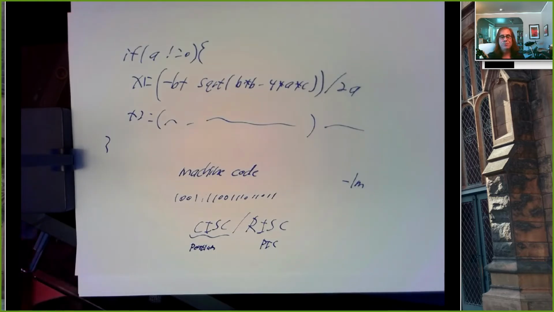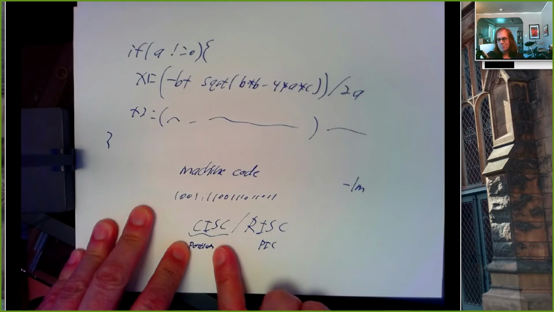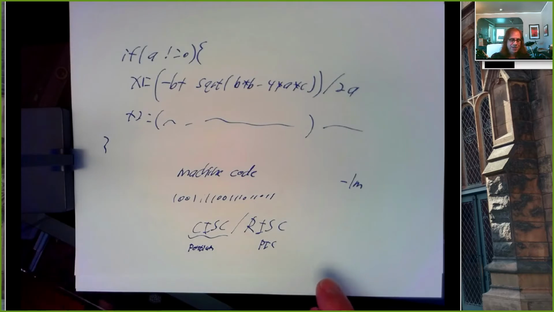Most CPUs on the planet are reduced instruction sets. These complex CPUs, Pentiums, AMDs, things like that, are less than 1% of the CPUs on the planet right now. They are very popular in laptops and desktops, but that's pretty much it.